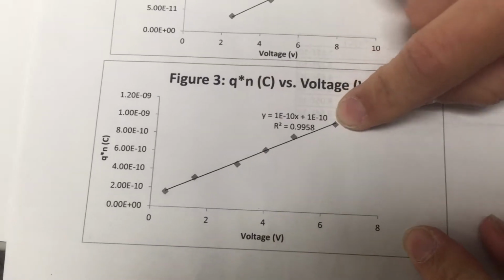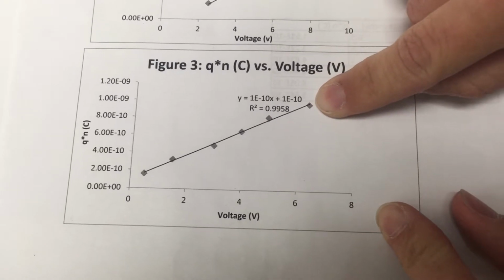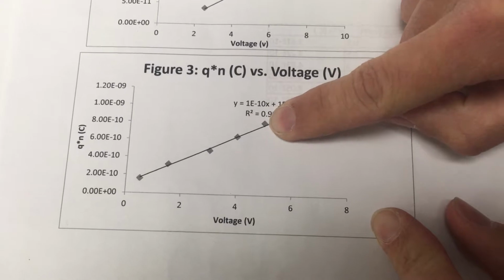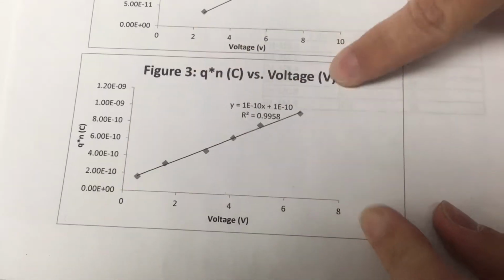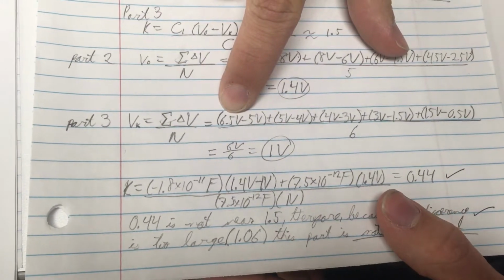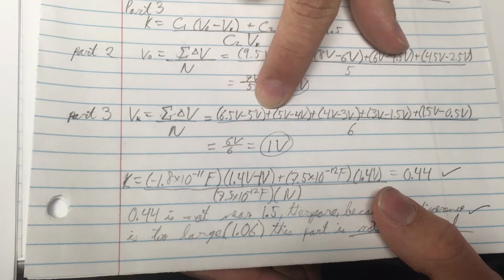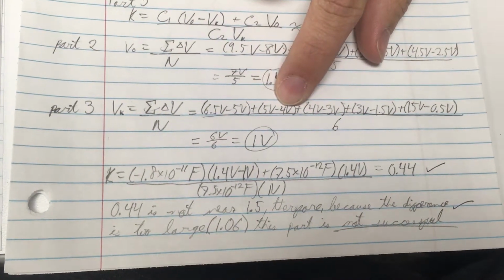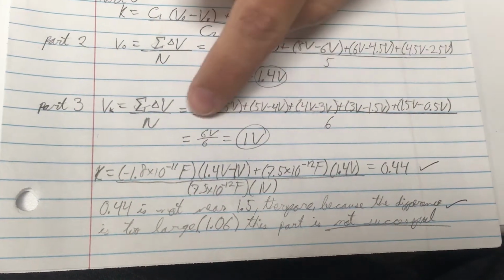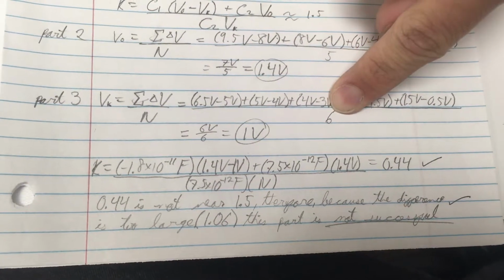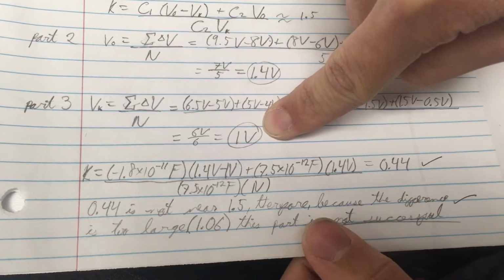So if we look back at this, we're doing the voltage at this point minus the voltage at this point, voltage at this point minus the voltage at this one, and adding all of these differences together. So we get final voltage minus the one before that, plus the second to last voltage minus the one before that, etc. All of that divided by how many times you transferred charge. And that'll also give you a number in volts.